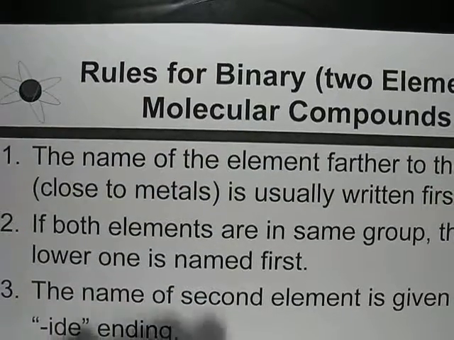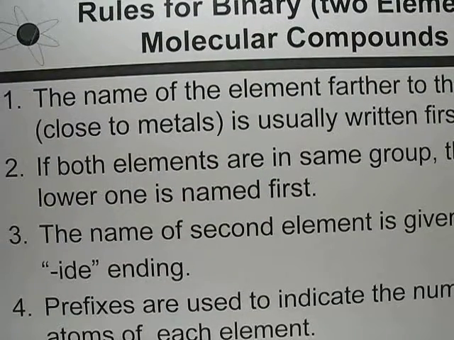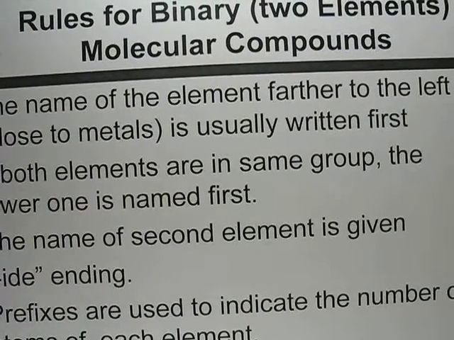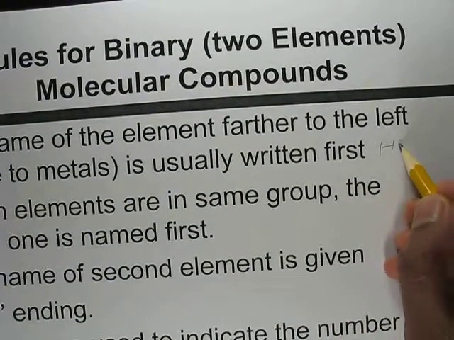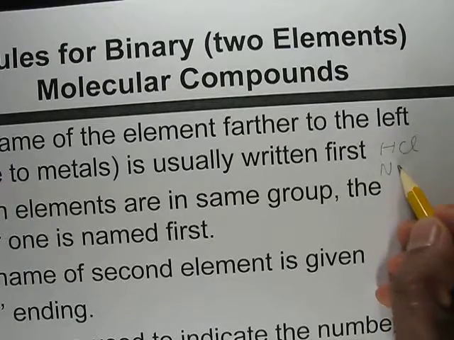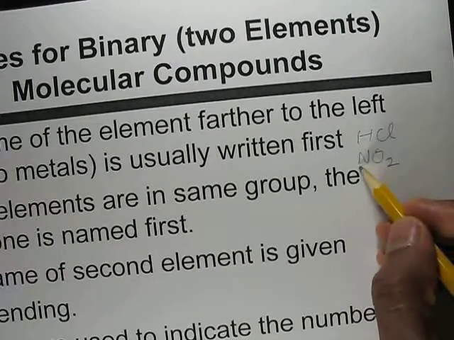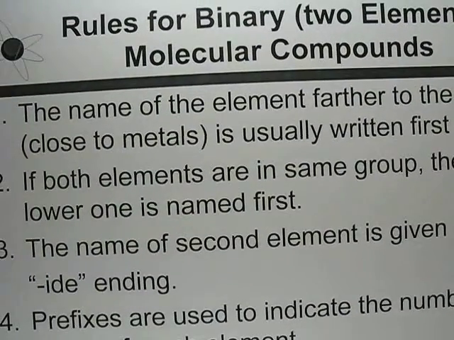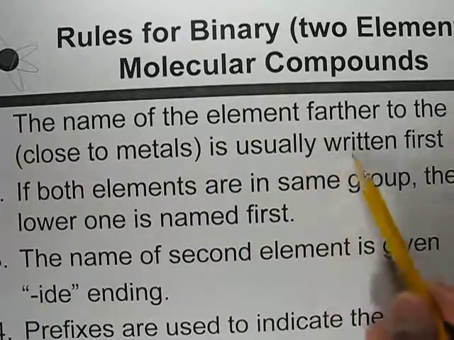Let's see some more rules for binary molecular compounds. First, the name of the element farther to the left, closer to the metal, is written first. For example, we have seen HCl and NO2, where we wrote hydrogen chloride and nitrogen dioxide. We place the names of hydrogen and nitrogen first. Why? Because the element farther to the left, closer to the metal, is written first.